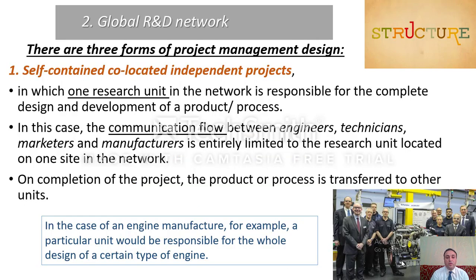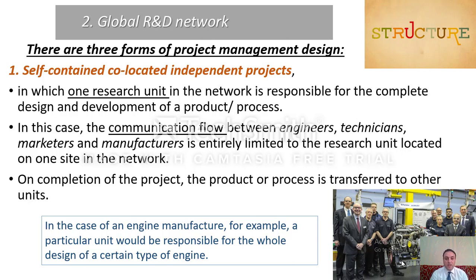So there are three forms of project management design. The first one is the self-contained co-located independent projects. In this form of project management design, only one research unit in the network is responsible for the complete design, development, and completion of the product or the process of production.